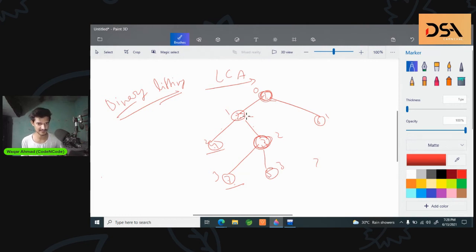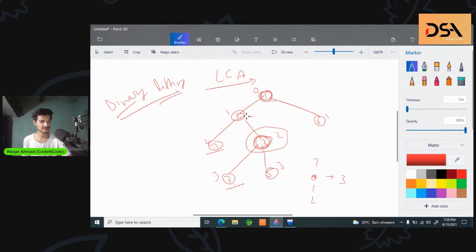I'm explaining with an example. At 2 raised power 0 distance, at 2 raised power 1 distance, at 2 raised power 2 distance, and so on. For node 7, the ancestor at distance 2 raised power 0 is 3.